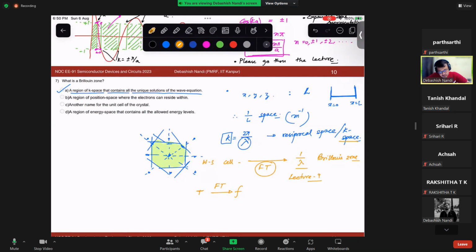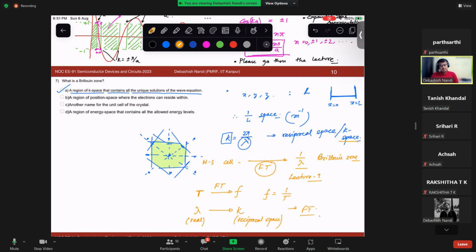Right. So what is frequency? Frequency is nothing but 1 over time, right? Do you agree? Yes, sir. Similarly, if you want to go from lambda space to K space, or this is real space and this is reciprocal space, you also do the same thing. The same Fourier transform you apply.